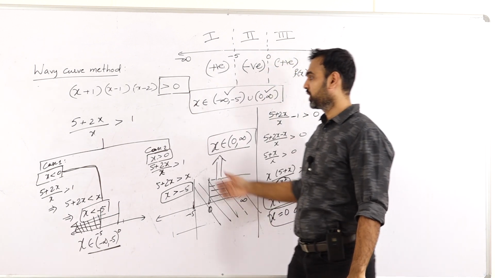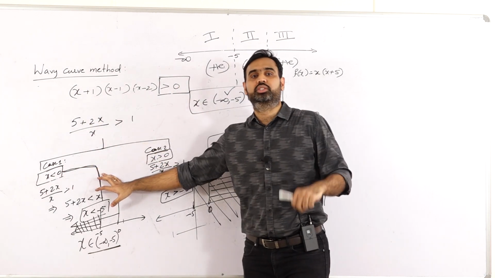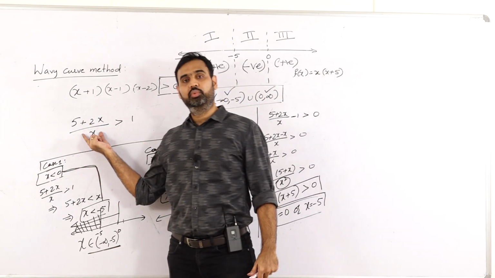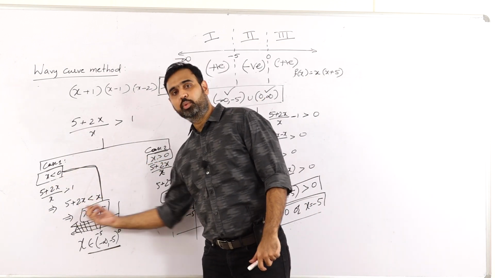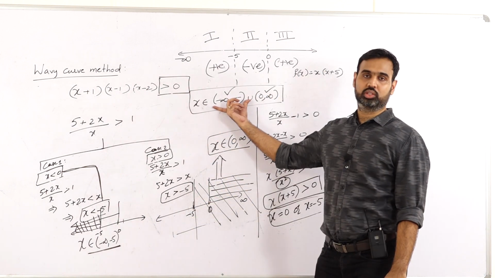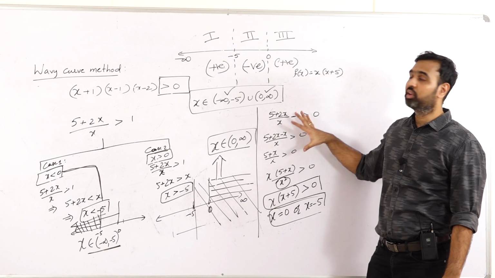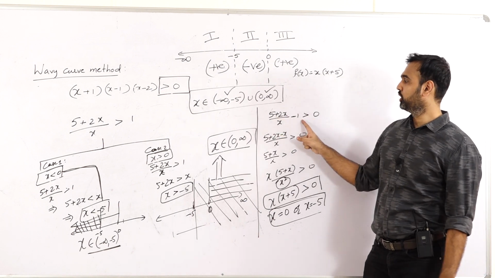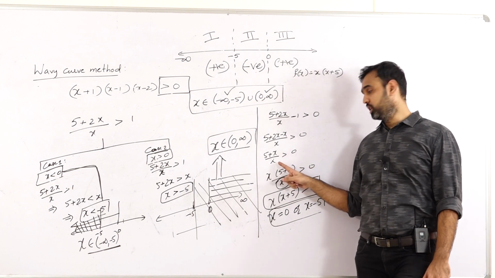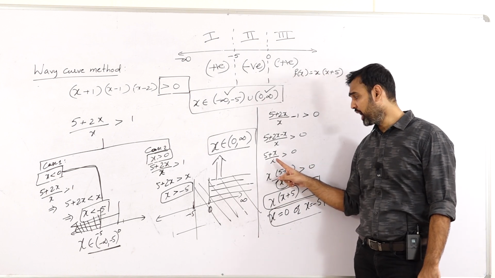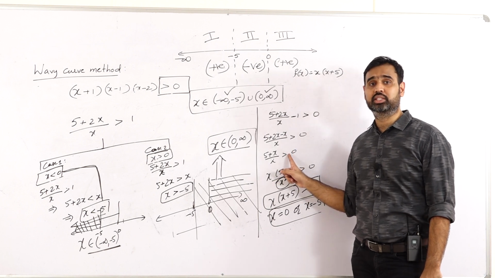So here you solve this entire equation considering two cases. One case, negative value for the denominator, positive value for the denominator. Solve both the cases and take the union of both. Or the second way of solving is applying the wavy curve method. So I took one to the other side, I wrote this. At this step, this is a very crucial step. At this point, I am not shifting x to the other side, no. Even at this point, I am not shifting x to the other side.